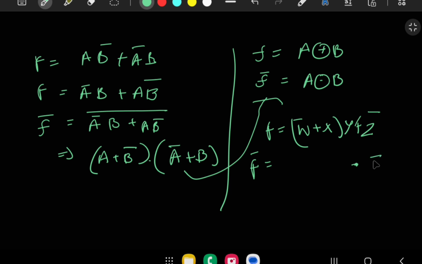This complement will become Z. And this AND will again become OR. This Y will become Y bar. And the complement of this inside will be X bar multiplied by V plus W bar. Right? Another bracket will be there. You can check the answer.